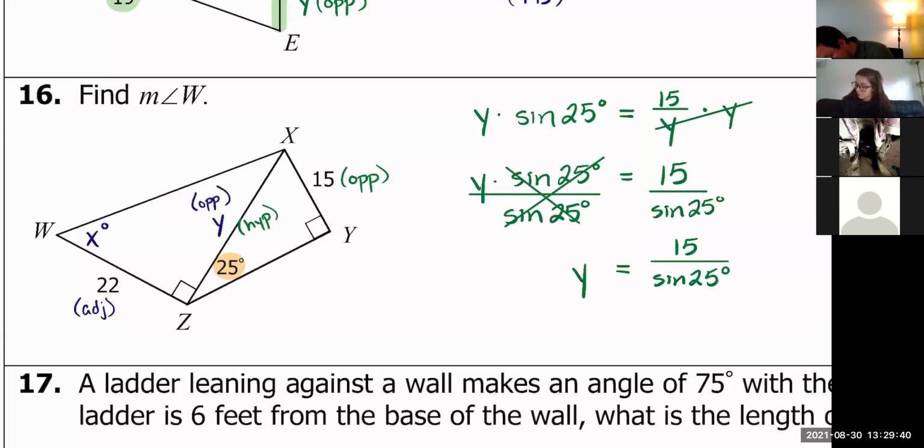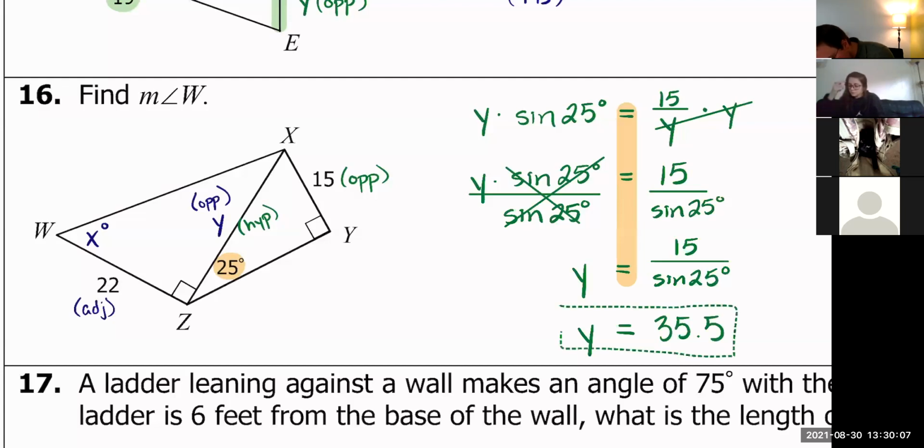Now, while you guys are reaching for your calculator, I'm going to fix my little guideline here. For this one, what does y equal? 35.5. Now, remember, that's not actually the piece we're looking for.